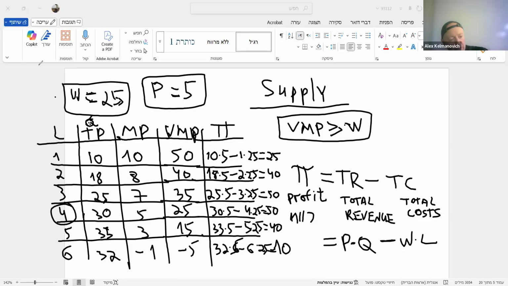So, as we knew before, our biggest profit is 50 when we take 4 labors. I know it's the same profit as 3 labors, but as I told you before, we'll take the fourth labor also, because we don't lose anything and we don't earn anything. So in this case, our profit is 50 shekels.